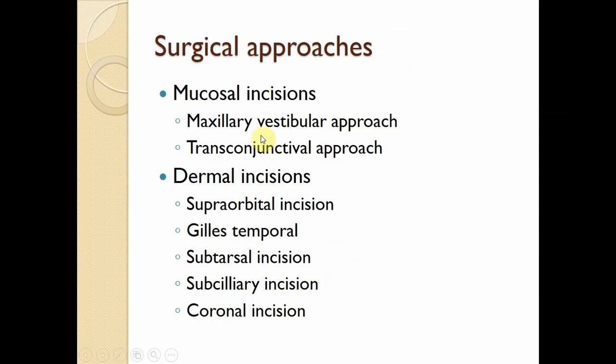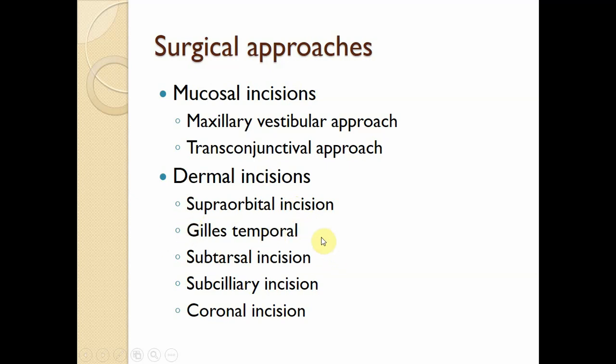The most common surgical approaches are mucosal incisions. There are 2 types, mostly the maxillary vestibular approach and the transconjunctival approach. The maxillary vestibular is called Keen's approach. In the transconjunctival approach, the incision is placed inside the eye. Then dermal incisions, like a supraorbital incision.